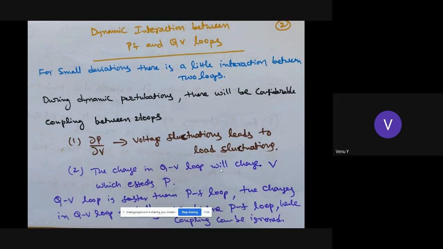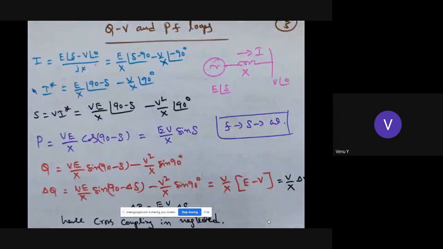The change in the QV loop will change V, which affects P. However, the QV loop is faster than the PF loop, and changes in the QV loop will be completed before the PF loop acts. Therefore, this coupling between the two loops can be neglected, because the AVR loop is very fast compared to the ALFC loop.